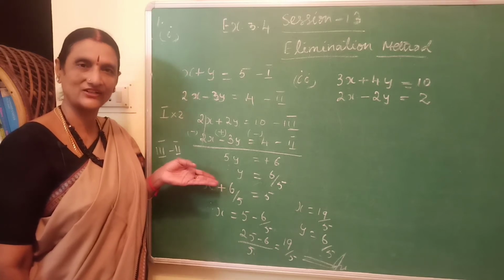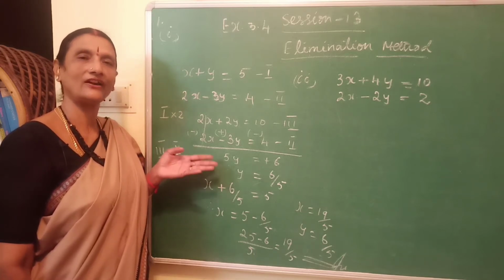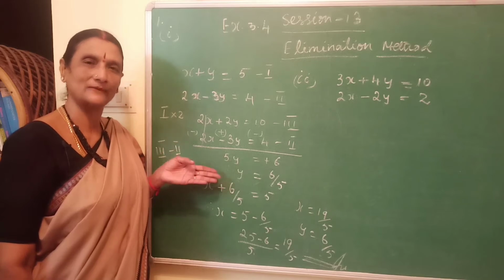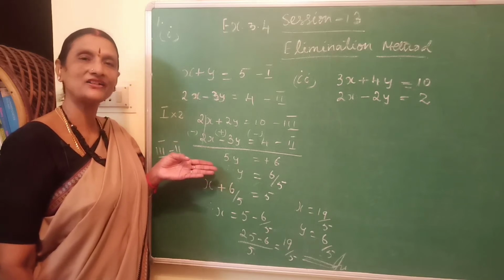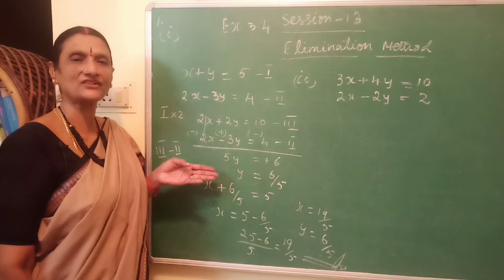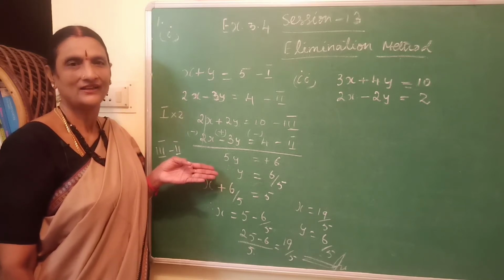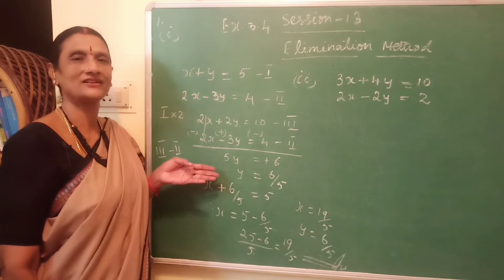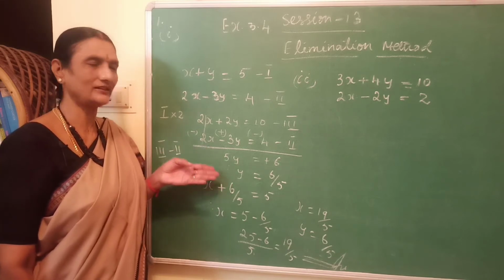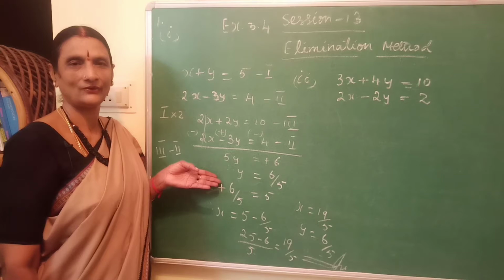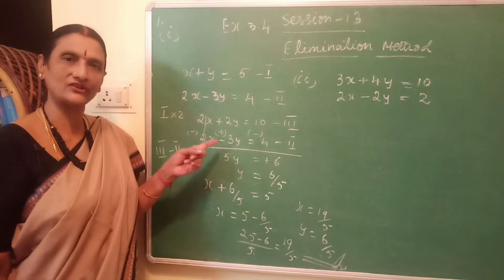So after this session, you practice a few sums of addition of polynomials and subtraction of polynomials from your earlier class textbooks. That is going to be very helpful to you. You can do it comfortably. Is that clear to you? Once again, I'll repeat the subtraction rule.